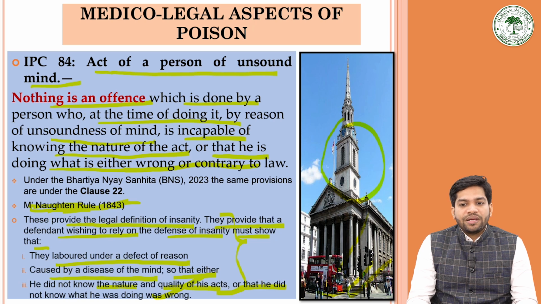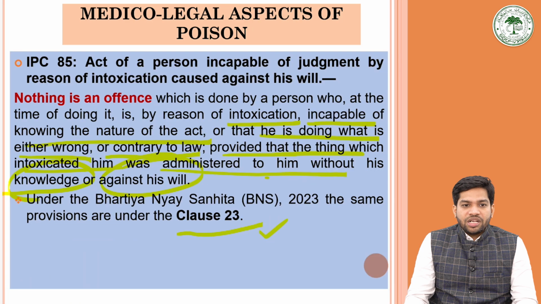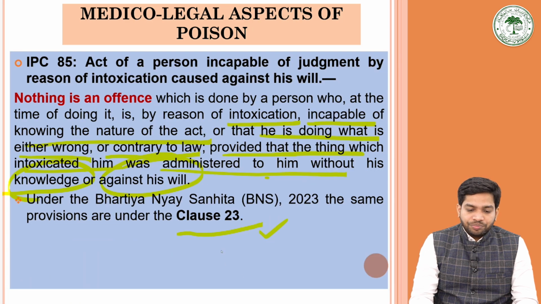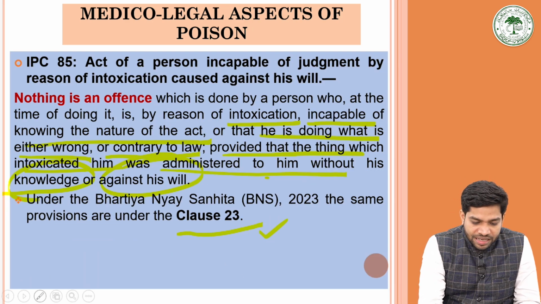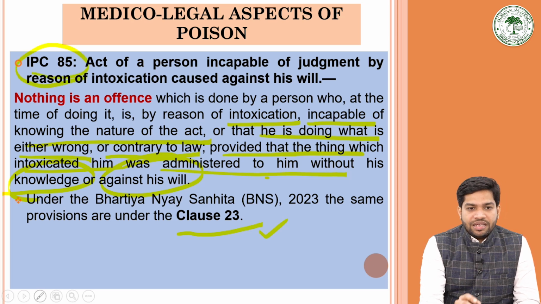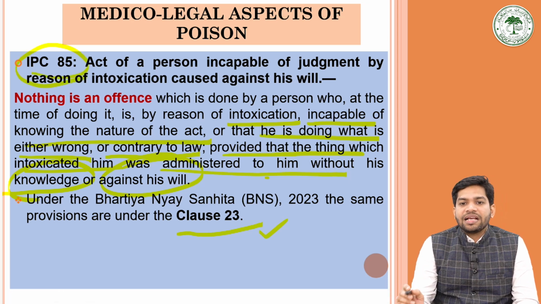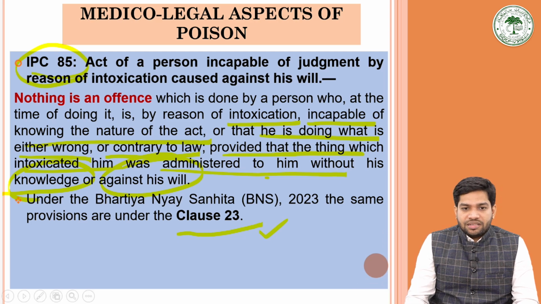So he shall not be held responsible for the offense. That is what Section 85 of IPC says. So this Section 85 of IPC has also come from Section 84 of IPC, and Section 84 of IPC has come from the McNaughton's rule of the Britishers.